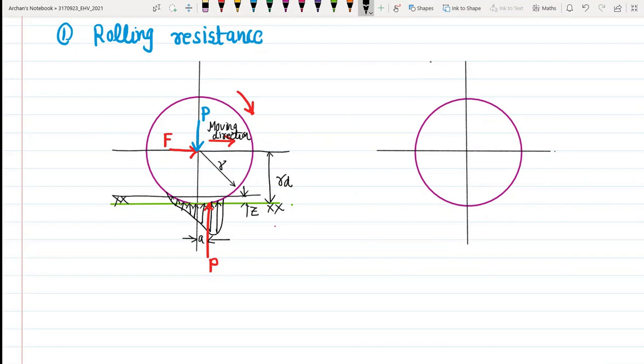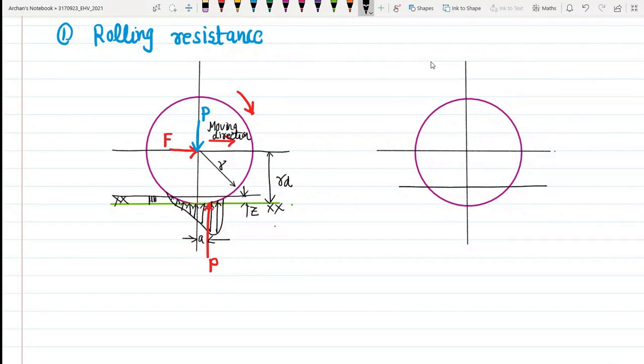Now suppose I am talking about the soft surface. On a soft surface, the rolling resistance is primarily caused by deformation of the ground. This was the hard surface, where you can see the clearance up to this.